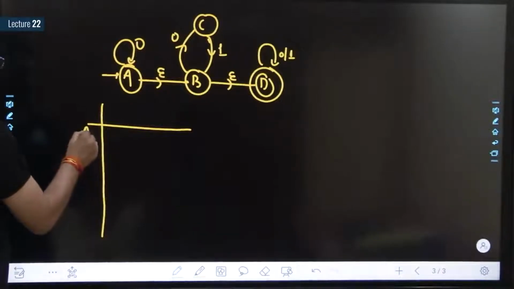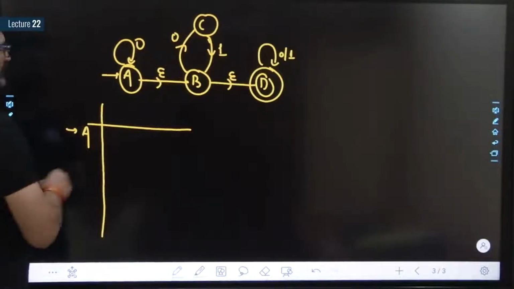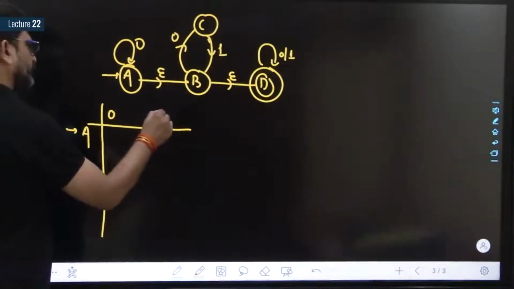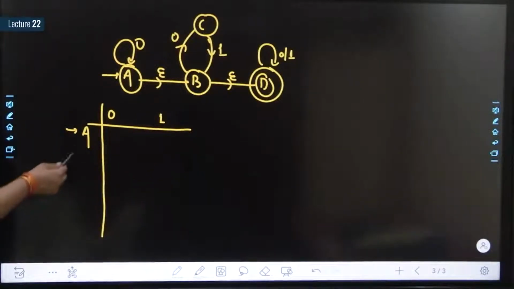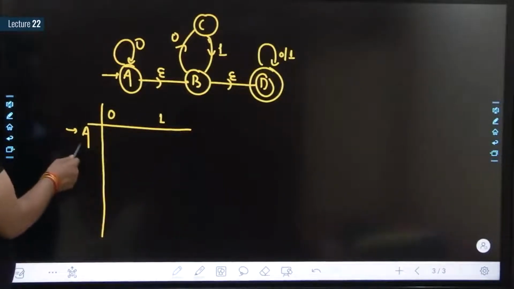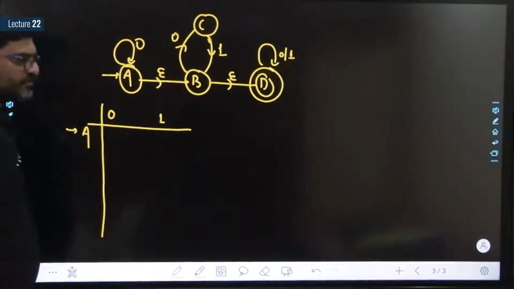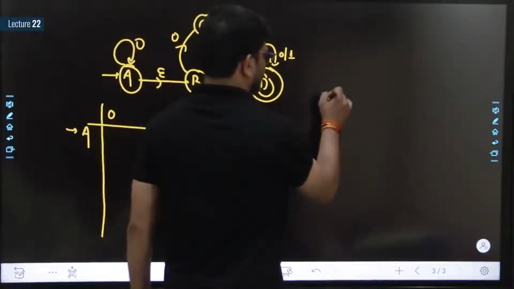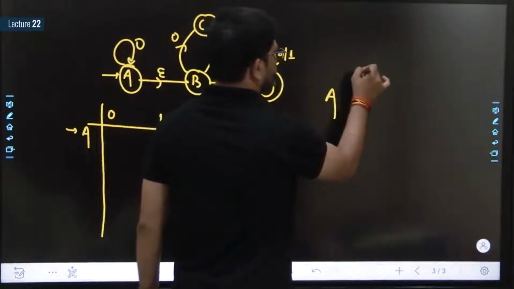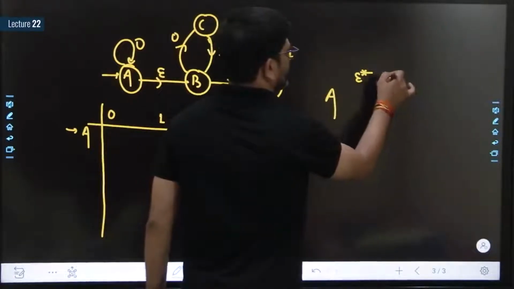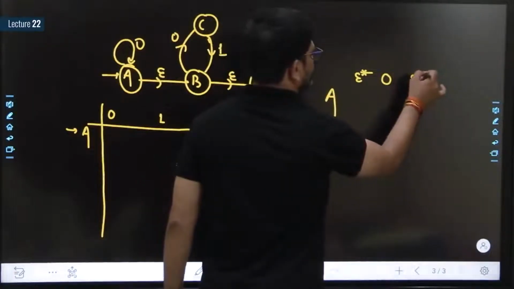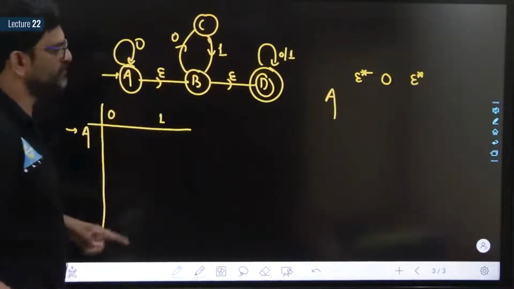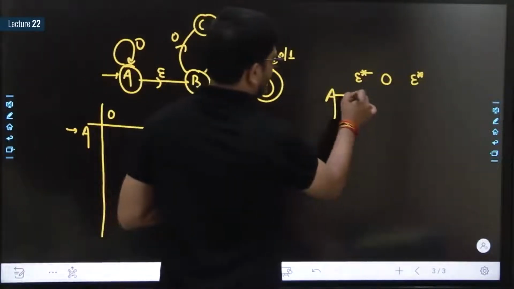A is the initial state. On 0, on 1. What are the transitions of A on 0? Find A epsilon closure on 0, again epsilon closure. What is the epsilon closure of A? A itself.